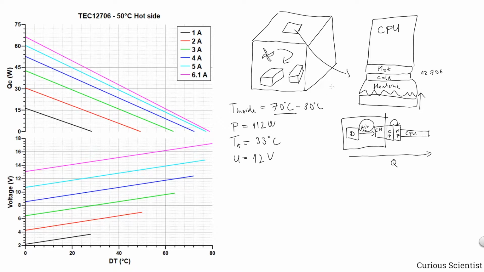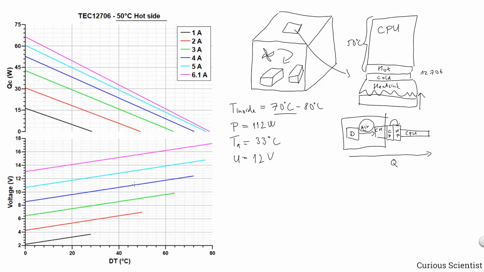So now, as I described the problem here, let's go to the performance chart and think about what we can do. This performance chart is defined at 50 degrees hot side temperature, which means that if you can maintain the temperature of this part here perfectly at 50 degrees Celsius, you should get these numbers that you can see here with these different linear functions.